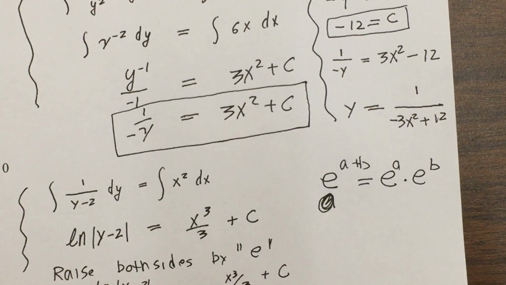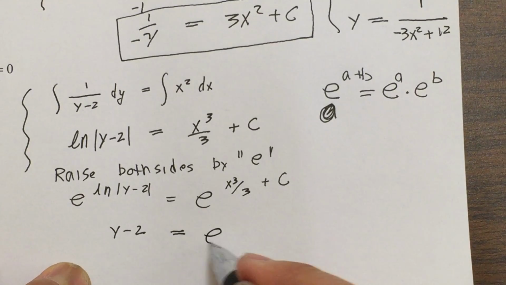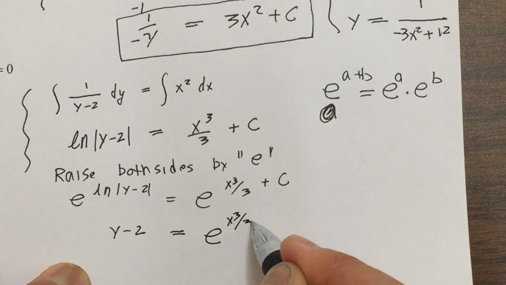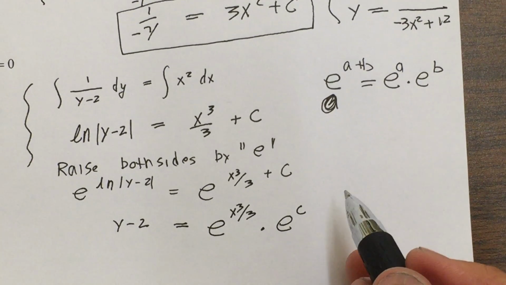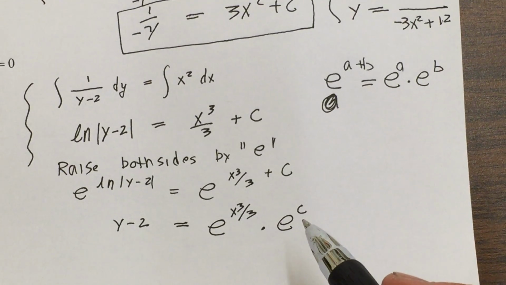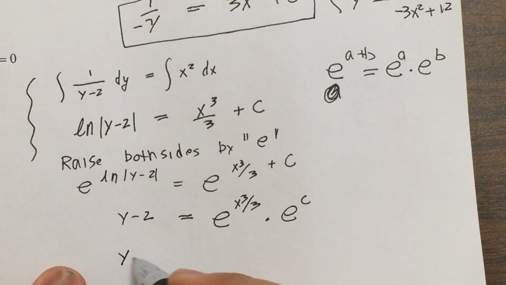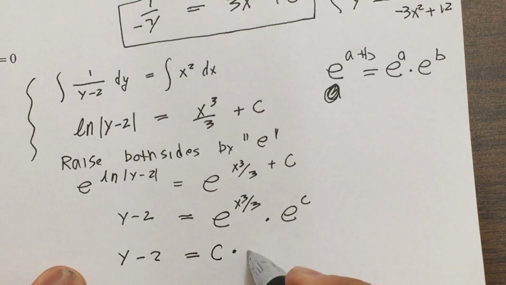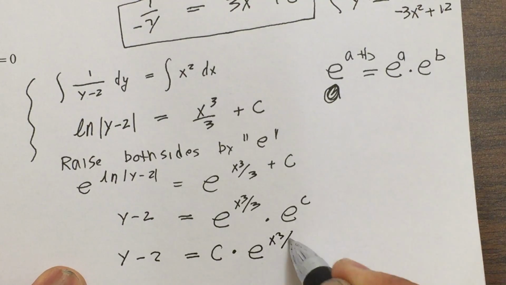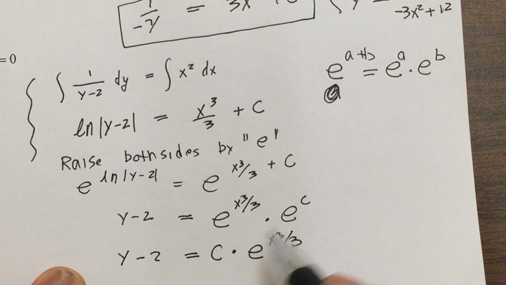And that's exactly what I'm going to do here. I'm going to separate this so that it says e to the x to the third over 3 times e to the c. Now e to the c is just another constant, so I'm going to call it another c, and put it in the front like this. So this c will be a little bit different from this c, and you can kind of tell because the size of this c is a little bit bigger.